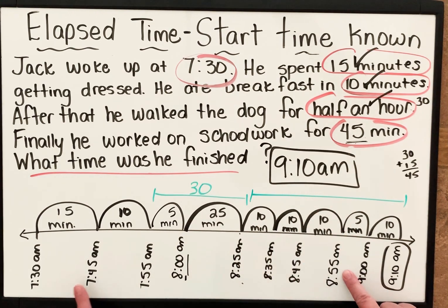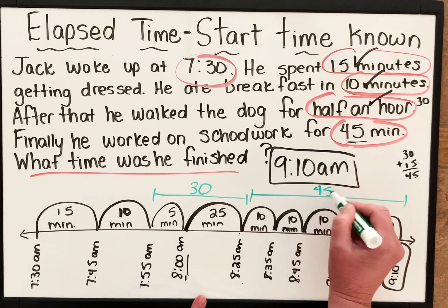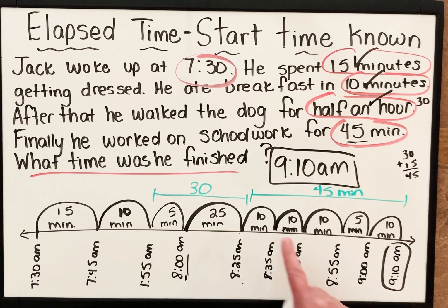I knew I was 5 minutes away from being at the top of my hour, and then I knew that I had just 10 left. Now altogether, that is 45 minutes. I just decomposed that 45 and made it work for me where I needed those numbers to work, but they're all still there, 45 minutes. And that got us to 9:10.